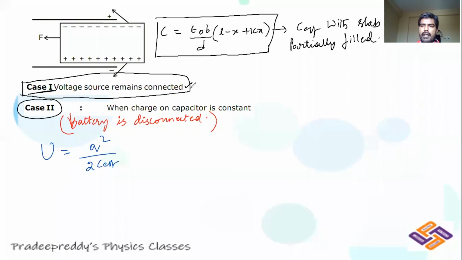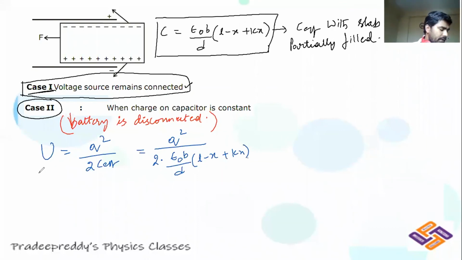That is the reason I used half CV square. Now I will substitute that here. Q square divided by 2 into C effective, where C effective is epsilon naught B by D into L minus X plus KX. This is the potential energy U. We have already calculated the effective capacitance over there.